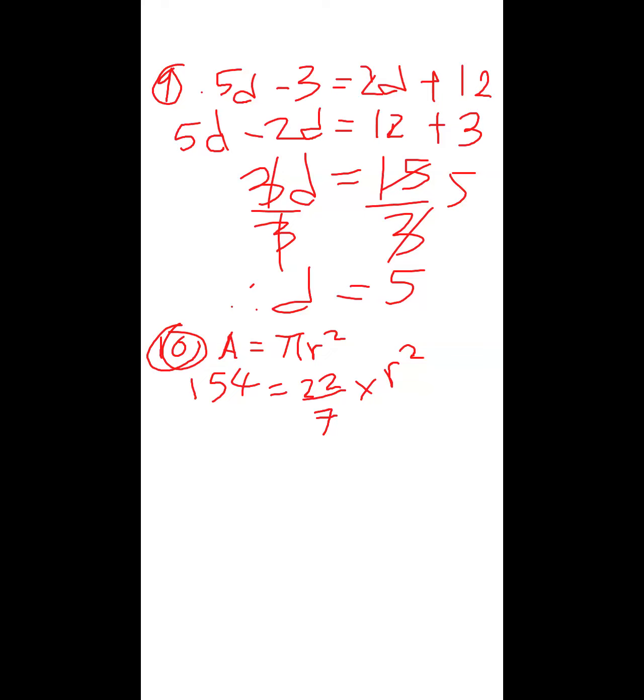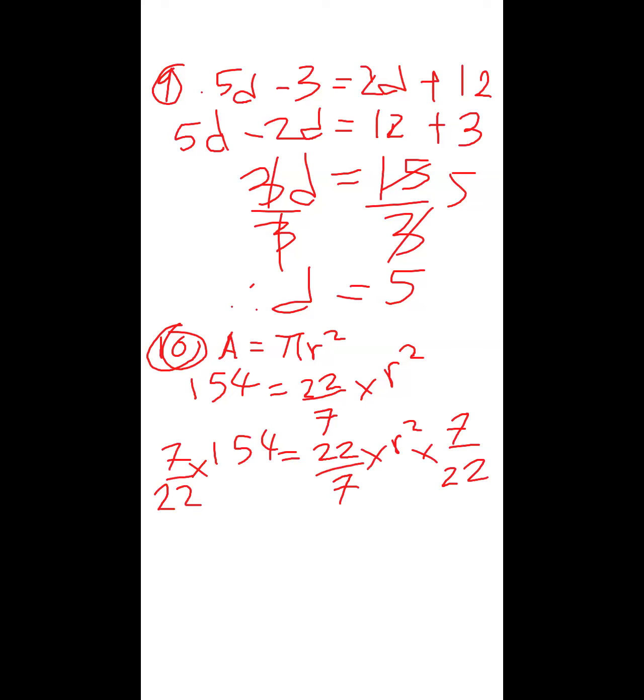Anytime you are dividing by a fraction, it's as good as multiplying by the reciprocal of that fraction, right? Yeah. Okay. So if I say divide both sides by 22 over 7, here's what it's going to look like: 7 over 22, and then 154 times 7 over 22. Do you agree with this?